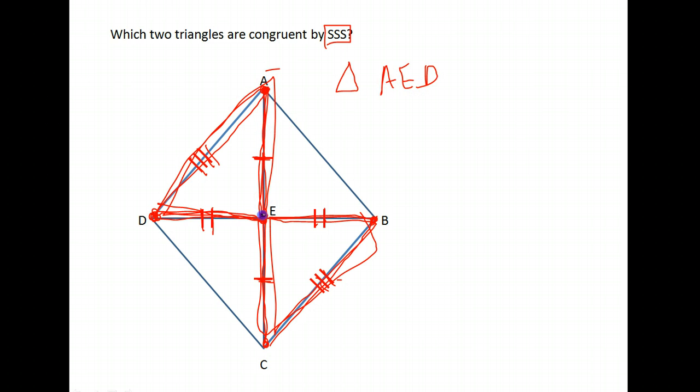AED were the three corners of this triangle. It should be congruent to the triangle it corresponds to down here. A matches up with the same position as C, so C would come first in our name. E is the right angle in this triangle. It would match up with E here, and then out to B.